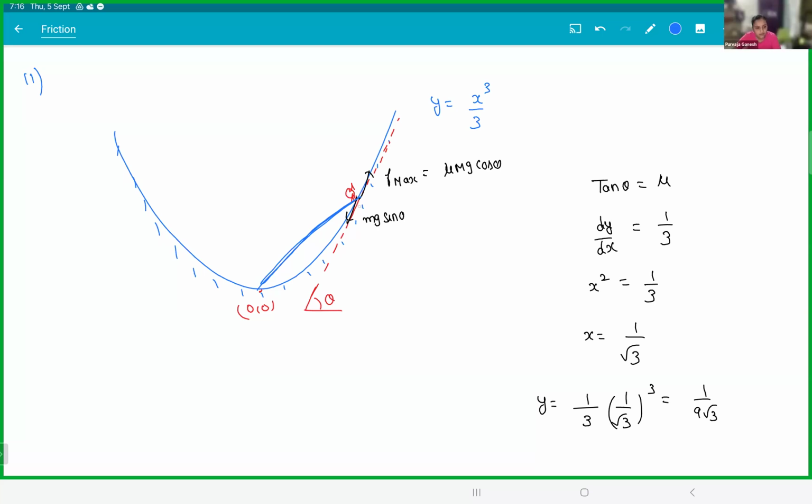You took this as y and x and tried to find that. That doesn't make sense. You're saying I will take the ratio of the y and x coordinate as 1 by 3. It means you're assuming the line is passing through the origin. Y is equal to mx, that is the thing. Next one.